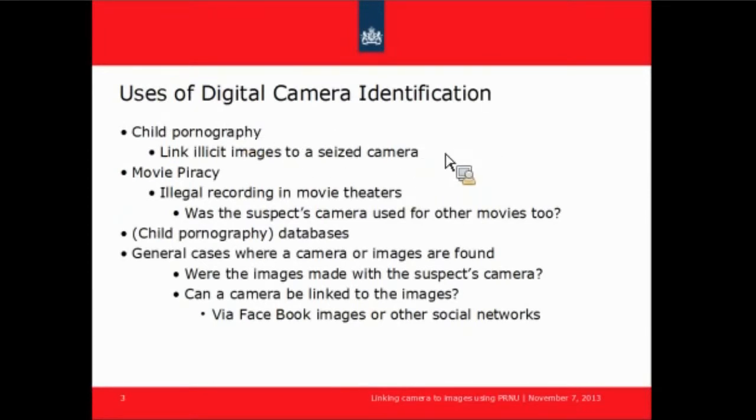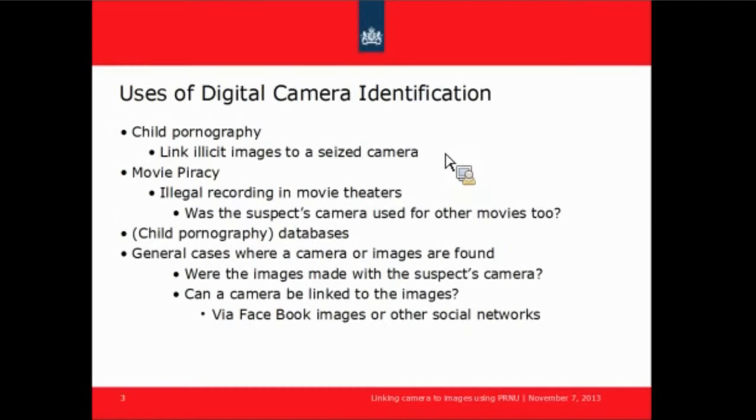So what are the uses for digital camera identification? Well, let's say you find child pornography images on someone's computer and you wonder if this person actually made these images. What you can do is take his camera and try to link these images to his camera.